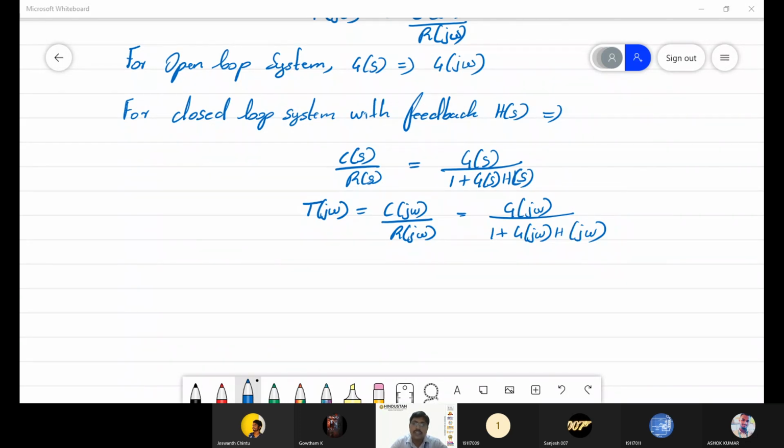So if it is an open loop function, G of j omega, for this particular function I need the magnitude M of omega, which we can write as the modulus of G of j omega.